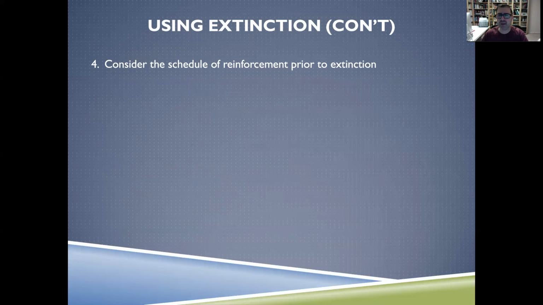If the behavior has been reinforced intermittently, it will make the behavior more resistant to extinction. And of course, if it follows continuous reinforcement, then it might be less resistant to extinction, right? So again, we talked about this before.